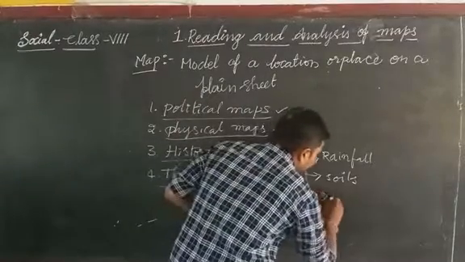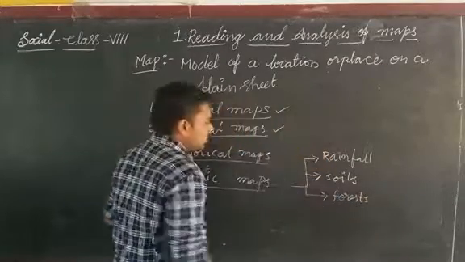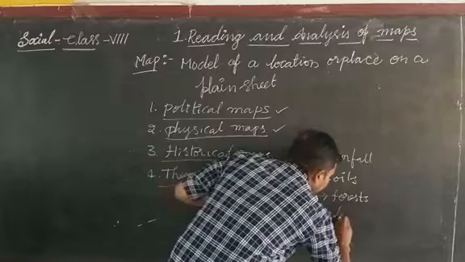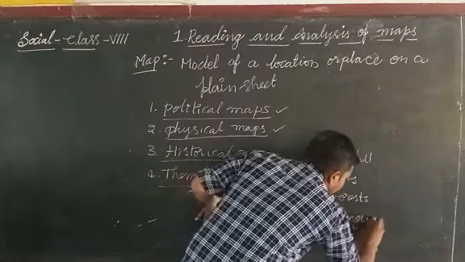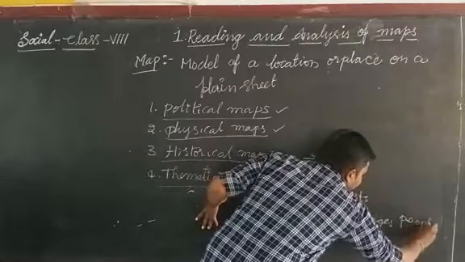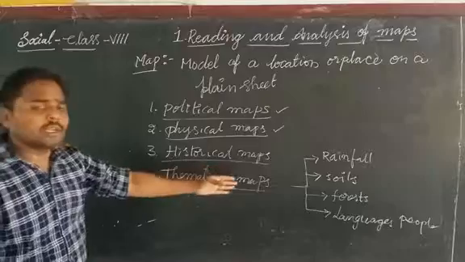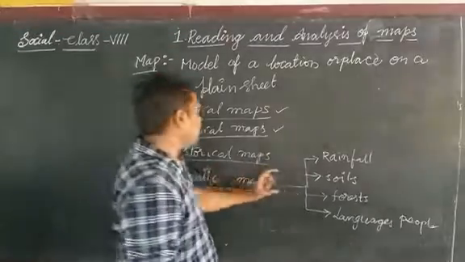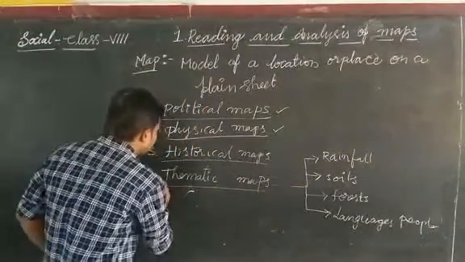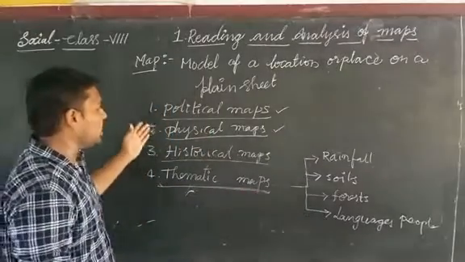Different types of forest locations, languages the people speak in a particular region: these single aspect maps are represented with the help of thematic maps. These are the four types of maps which we have already learned in class 7.